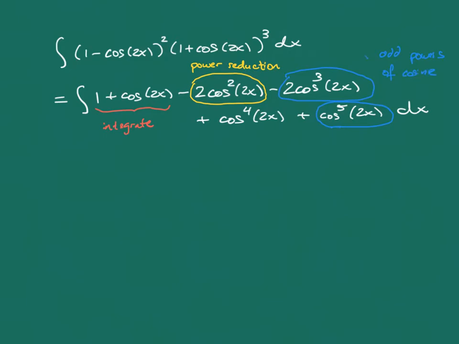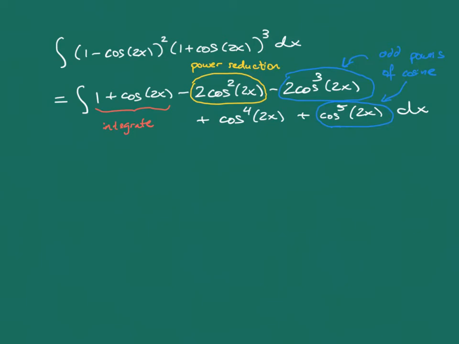For each of those cases, we have the techniques from a previous video where one of our powers was odd and we could do a u substitution. Whenever we have odd powers of cosine, we can remedy those. So the only thing that we really need to deal with now is our cosine to the fourth.